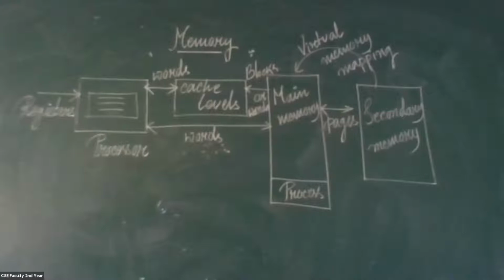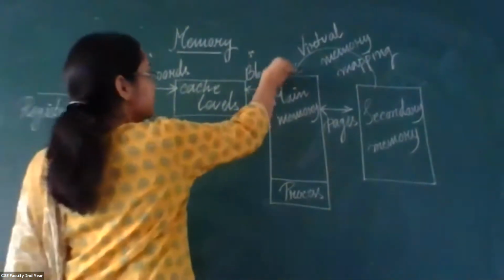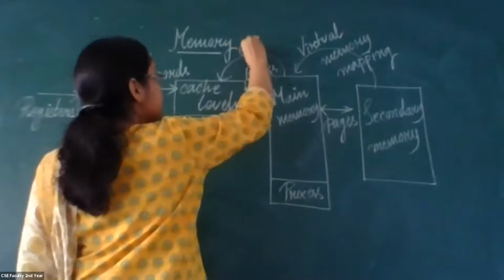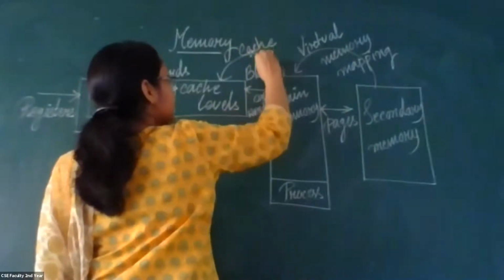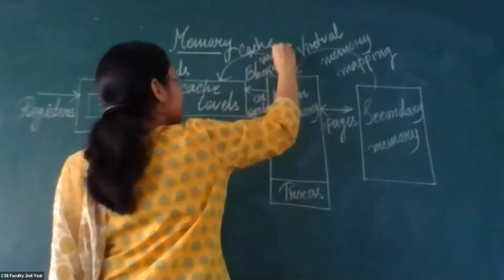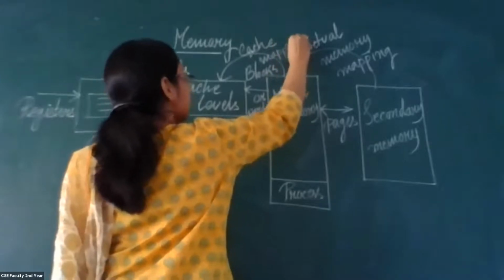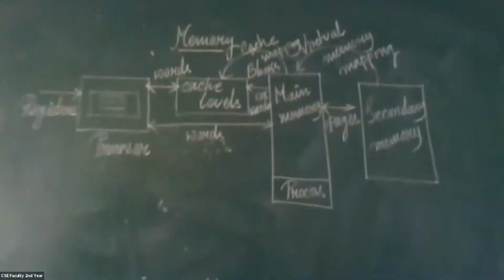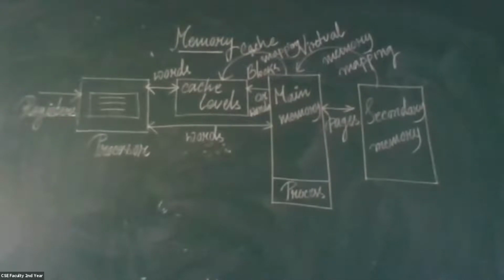So the next kind of memory is the cache memory. It is also volatile. From the main memory, through cache mapping, information comes to the cache memory. This process is called cache mapping.